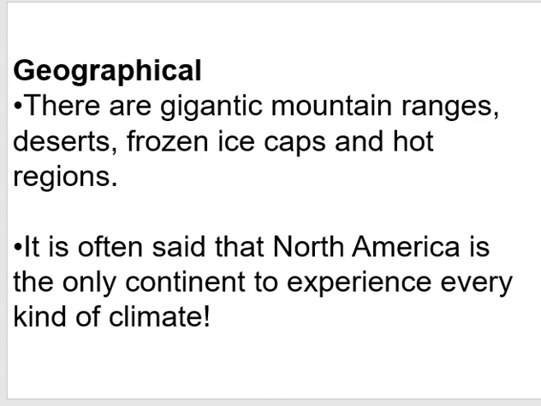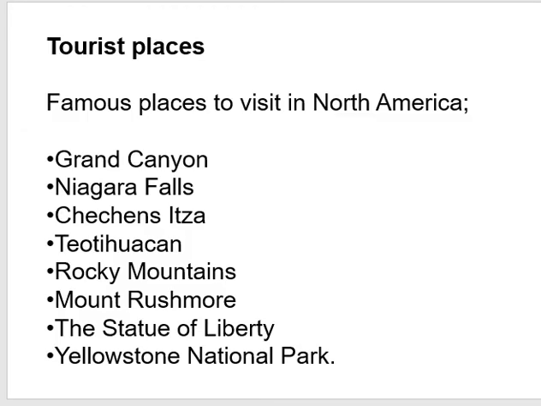Because of scarcity of rainfall, plant life hardly survives in a desert. We have the frozen ice caps, we have hot regions, and it is said that North America is the only continent to experience every kind of climate. I told you that before.